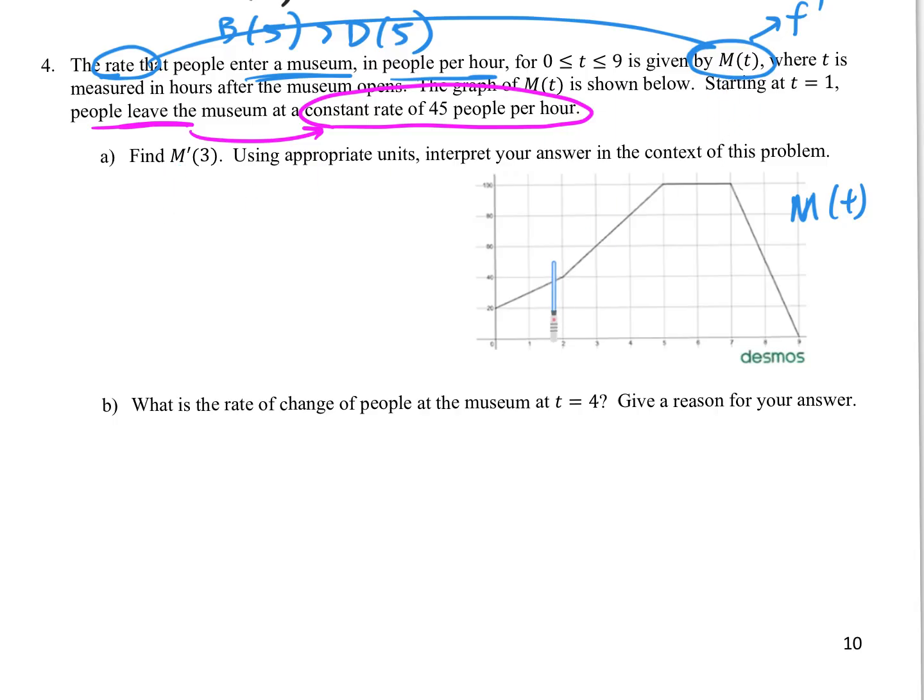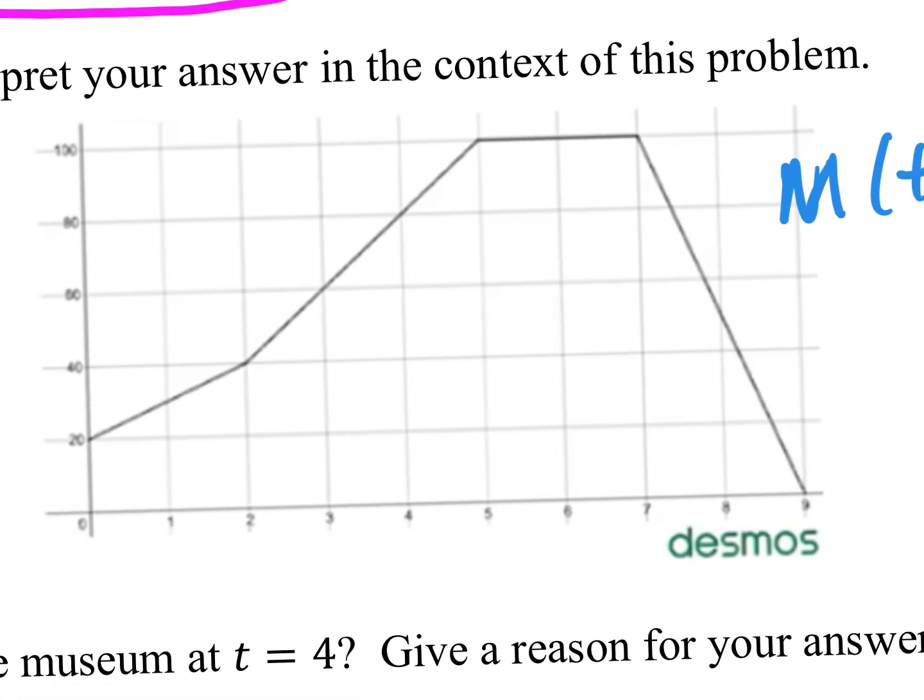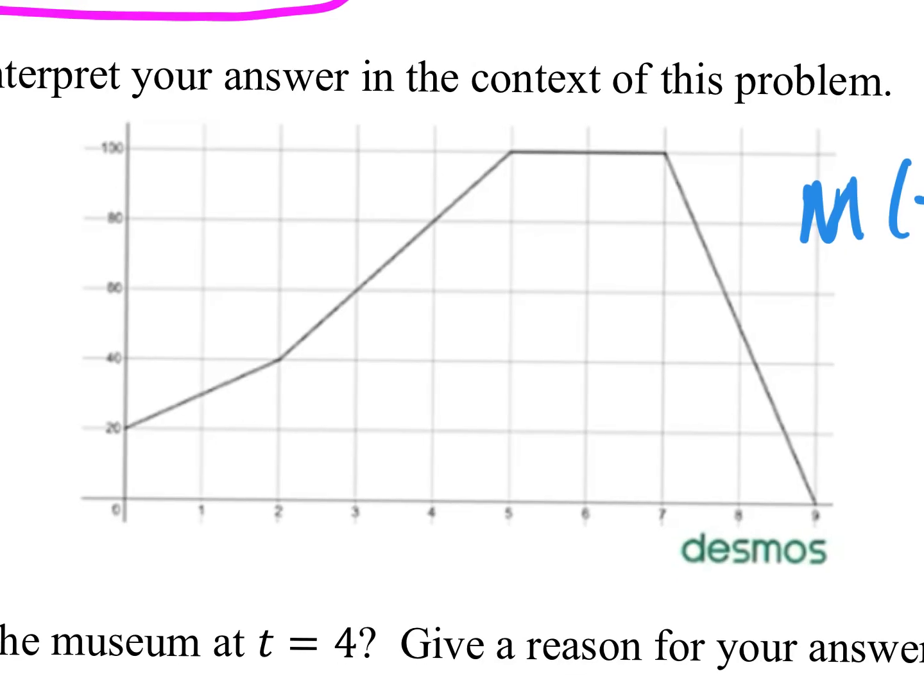All we know about M is this graph. So if they gave me a graph of M, how am I going to find M prime? Find that slope. Here's where M of 3 would be. Just so you know, these are going up by 20s over here, and down here it's going by 1s.